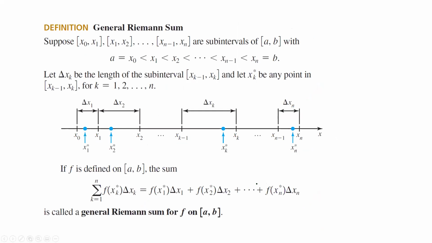Here's a very technical definition, which is the general Riemann sum. This is not any different than our notion of a Riemann sum before, except for one thing: now we're not assuming that delta x is the same on every subinterval. Here, delta x could be different. Delta x sub k will be the width of the kth subinterval, which could be different widths. This is just a more technical variation of the Riemann sum that we had before.